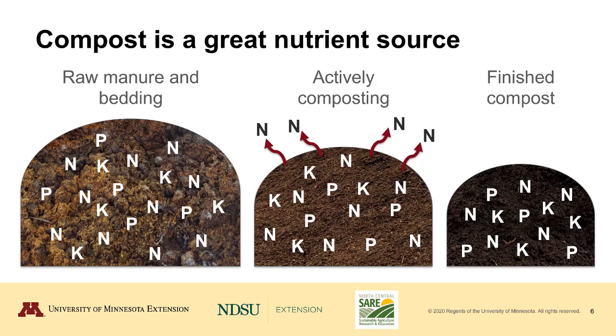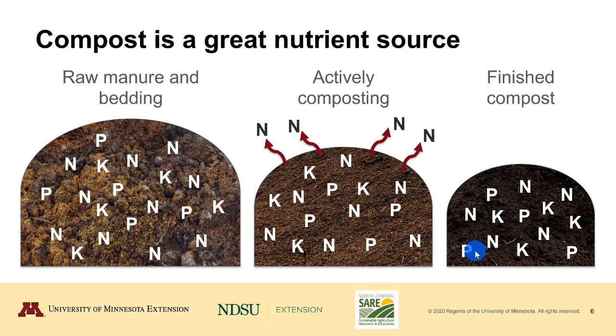For instance, say you have a certain amount of N, P and K in your raw manure. Through the composting process, some of the nitrogen can be lost through the gaseous components. Some estimates are up to 50% of the nitrogen can be lost, and typically the P and K remain. They don't usually get lost through the composting system. But one thing you'll notice is that the volume of the manure and then the finished compost are different as well.